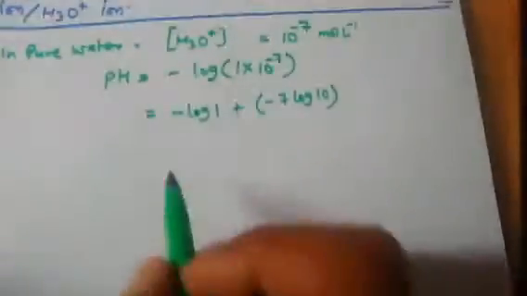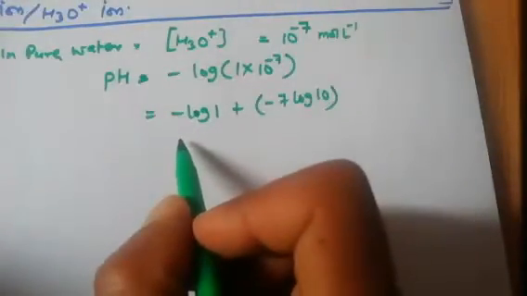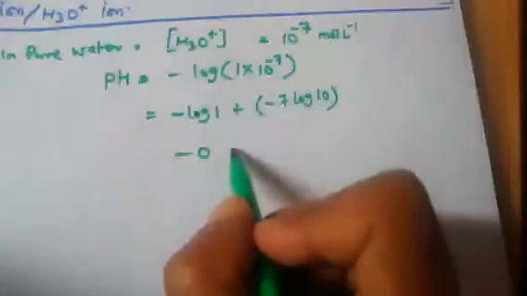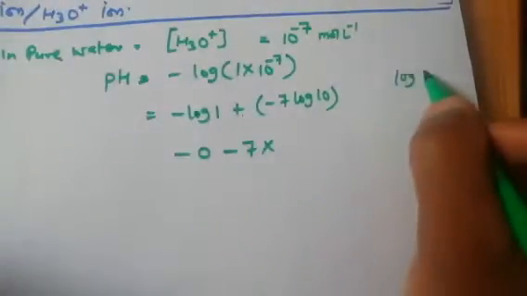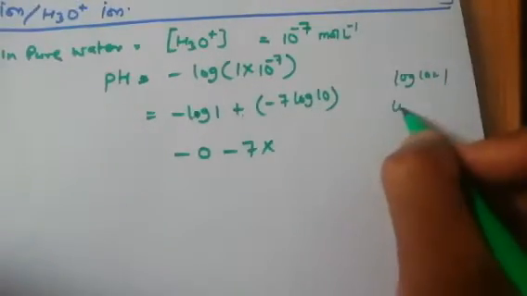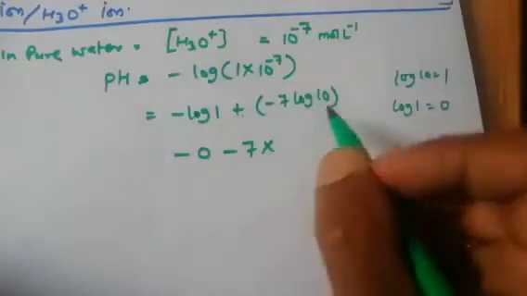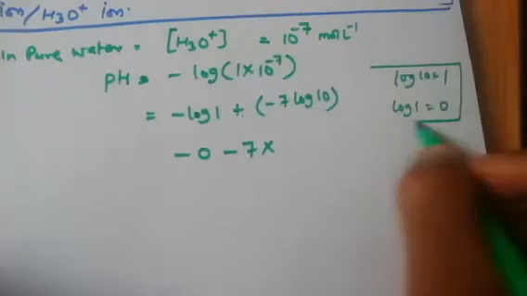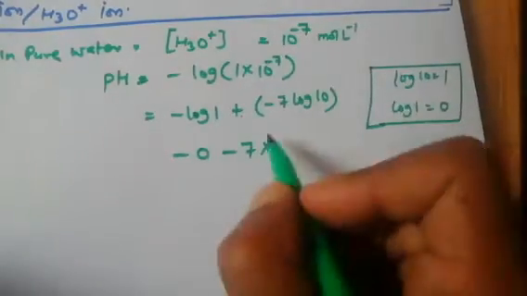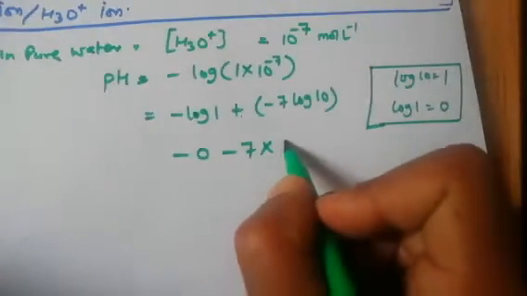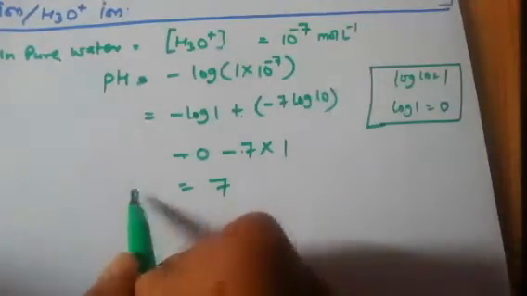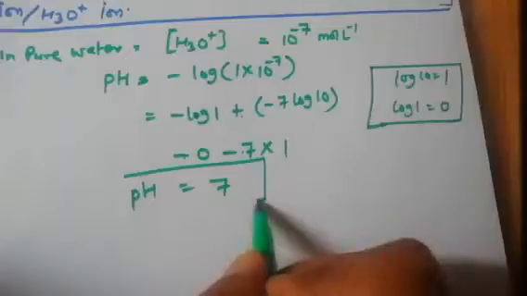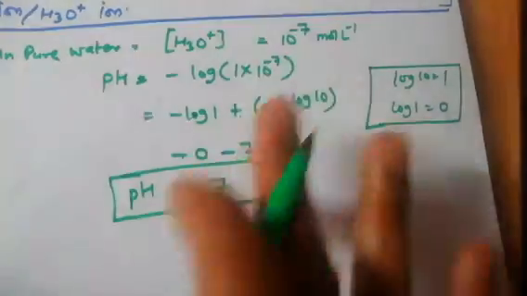Minus log 1 is 0, and log 10 is 1, since log 10 is 1 and log 1 is 0. This is the basic formula. The rest you should know how to check in the log table. So minus 7 into 1 with the minus signs becomes plus 7. So what is the pH value of water? The pH value of water is 7.